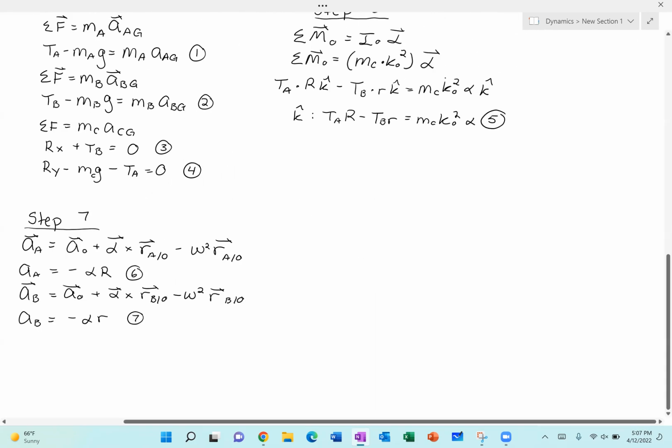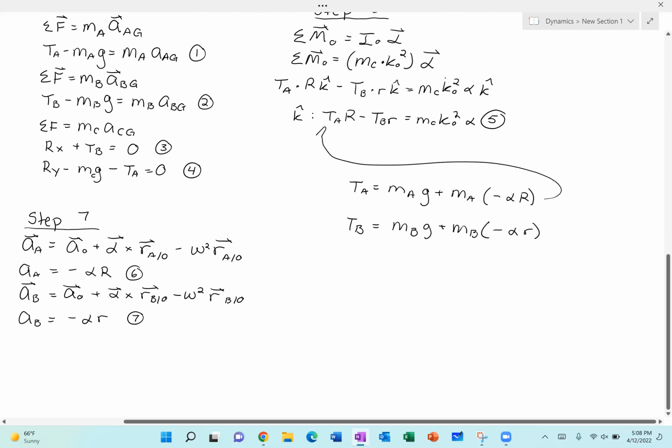From there, we can plug in equations 6 and 7 into our equations 1 and 2. And from there, we will plug in what we got for TA and TB into equation 5.